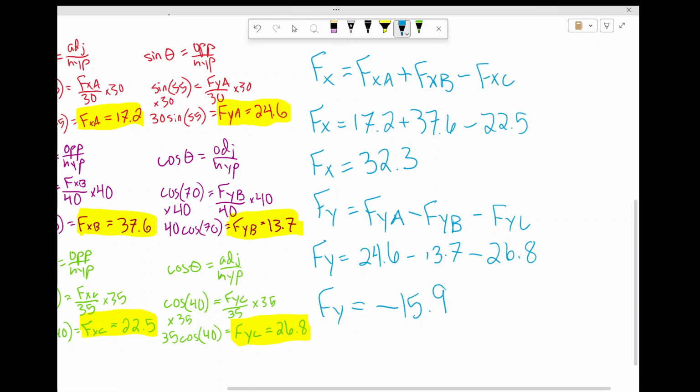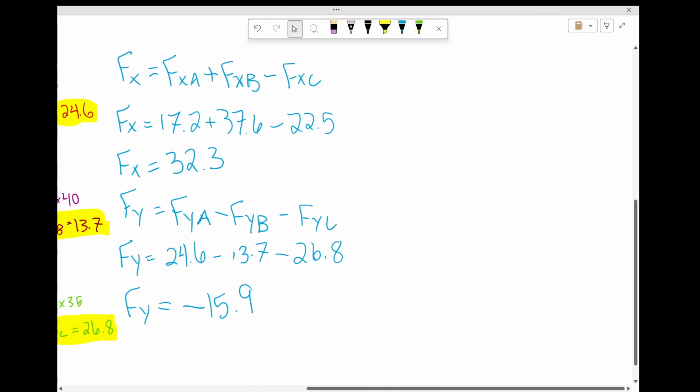Now we need to squish these all together. If we draw ourselves an xy plane real quick, we would have an x component of 32.3 and a y component of negative 15.9. So when we put those together, if I redraw my y component tip to tail, this would be negative 15.9.